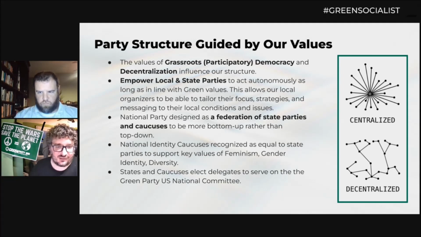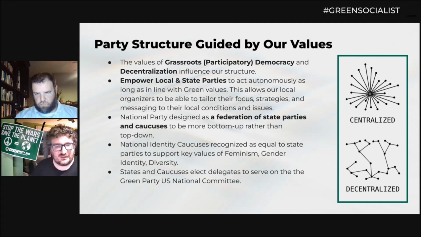But again, it should be bottom up. We use the term delegate instead of representative because delegates should actually be carrying out the decisions that were made at a local level. That's the difference. A representative goes and makes decisions on their own, and you hope, you assume that they actually represent people, but they make that decision kind of top down. The representative goes and says, "This is what I'm doing," right?